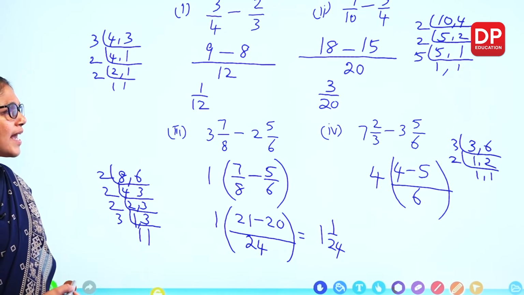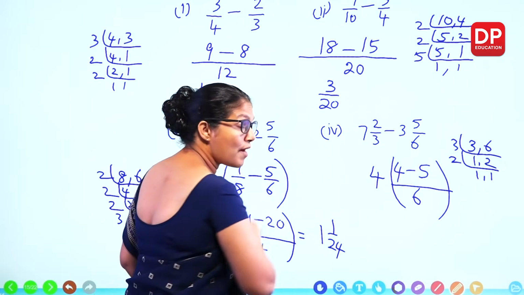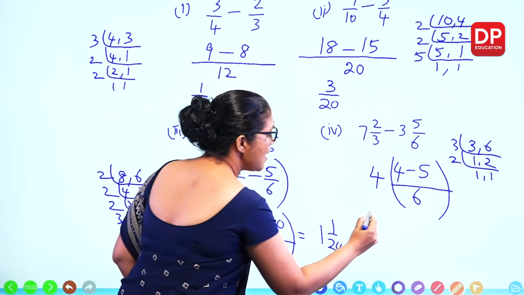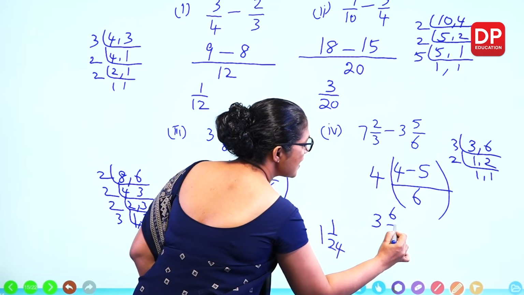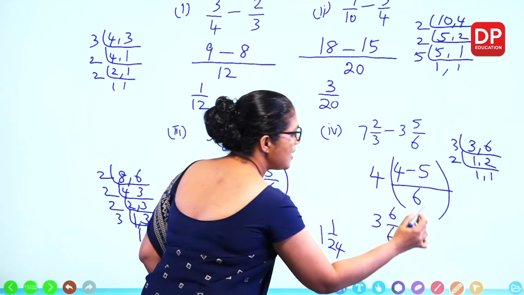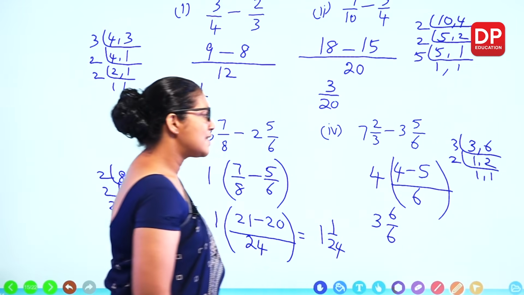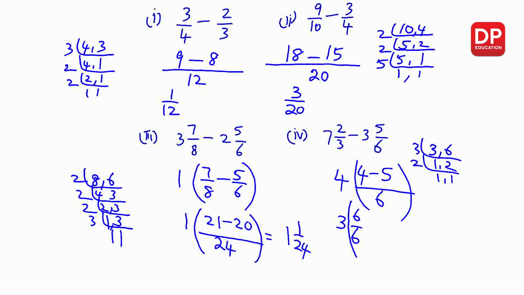So how can we do this sum? Instead of writing 4, I can write 3 full parts and 6 over 6. And this one is 4 minus 5 over 6. So I can include 6 also there. So it becomes 6 over 6 plus 4 over 6 minus 5 over 6.